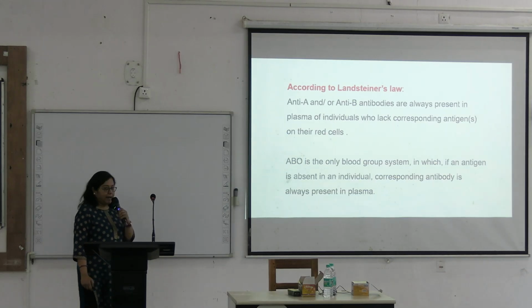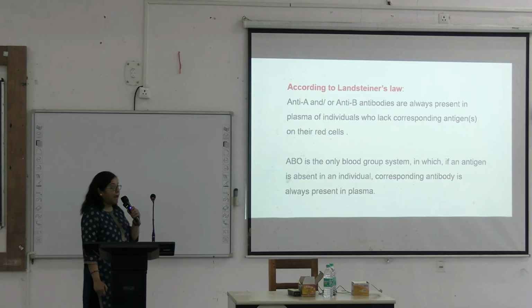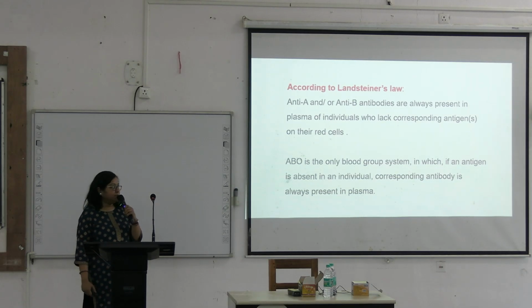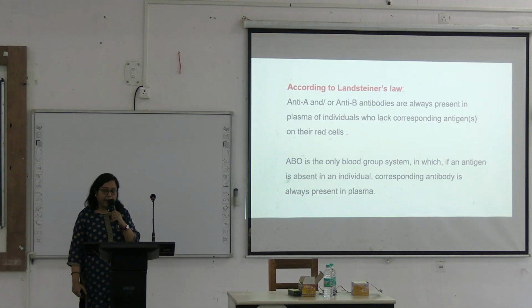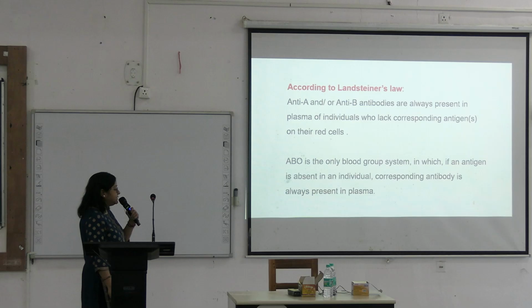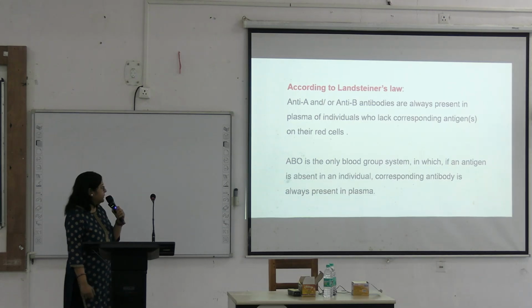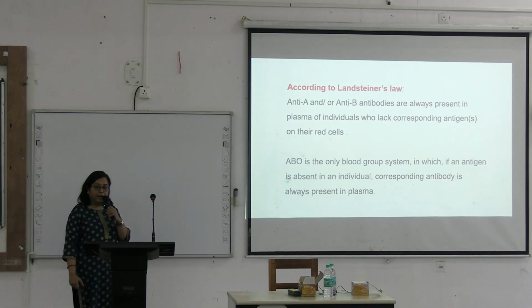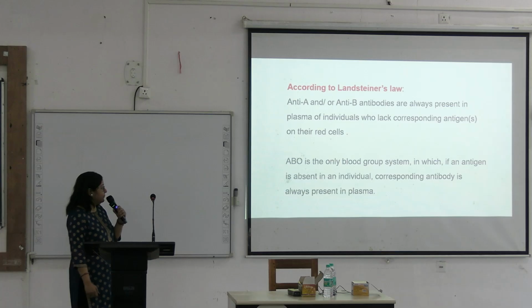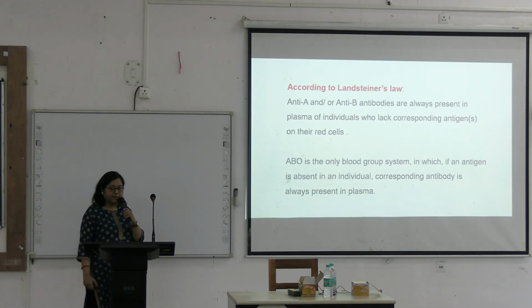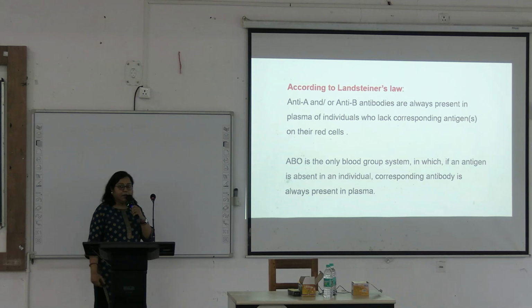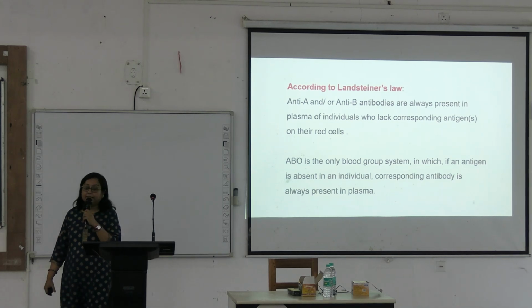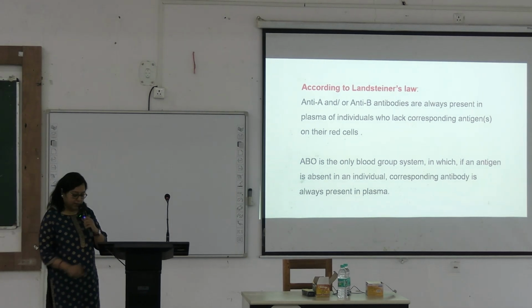Anti-A and or anti-B antibodies are always present in the plasma of individuals who lack the corresponding antigens on their red cells. ABO is the only blood group system in which, if an antigen is absent in any individual, then the corresponding antibody is always present in plasma.